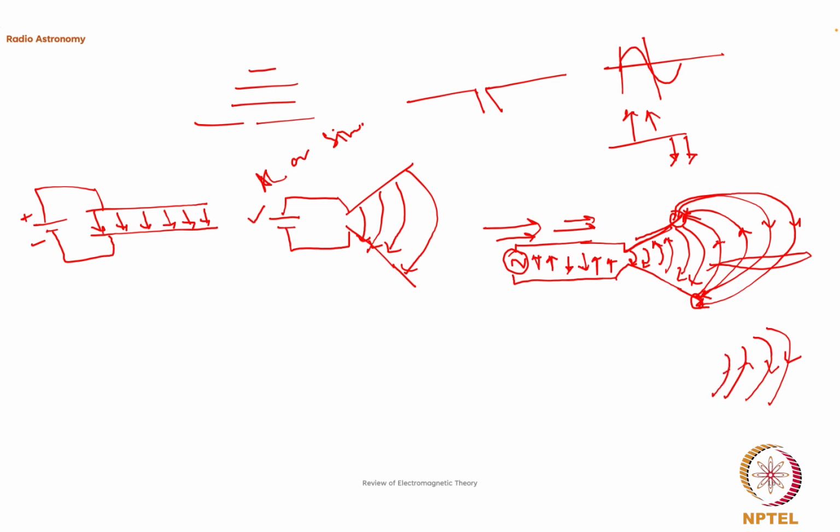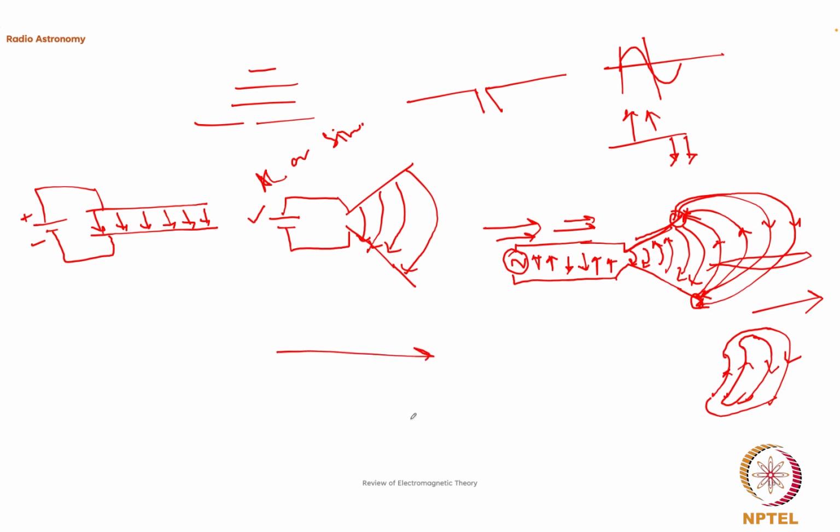Since there are two up fields and two down fields, they will try to reconnect with each other and make a loop. As soon as it makes a loop, the electric field curls around and generates a magnetic field, and the magnetic field in turn generates an electric field, which then leads to propagation. This is how the antenna will start radiating.